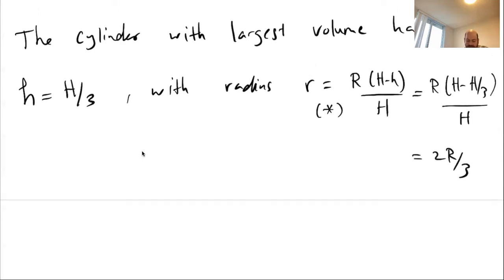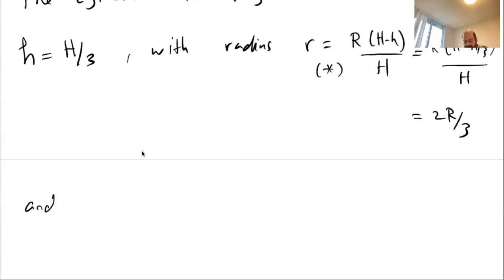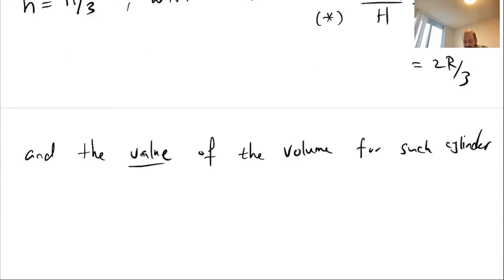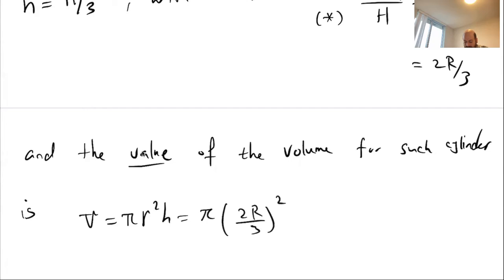So this cylinder with the largest volume has this height, this radius, and the value of the volume for such a cylinder is V equals pi r squared h equals pi (2R over 3) to the power 2 times H over 3.